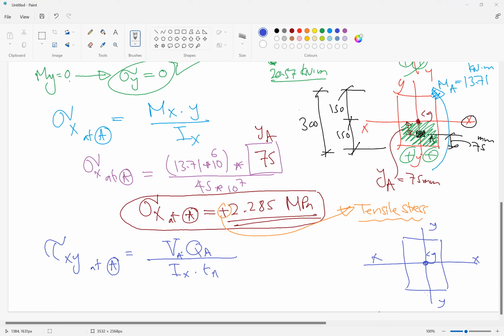Okay, so this is our example. So this is our shear force V A. Oh, sorry, the direction was reversed.